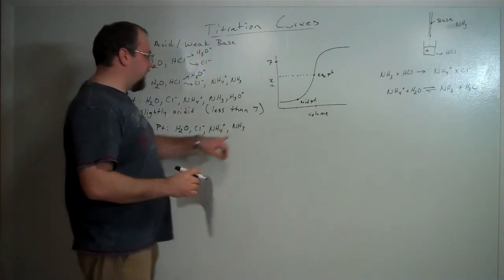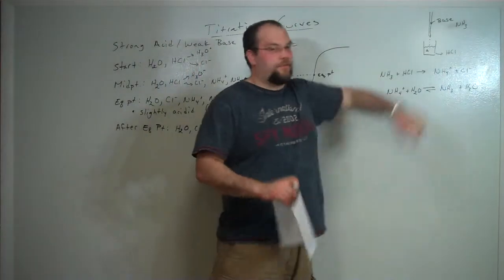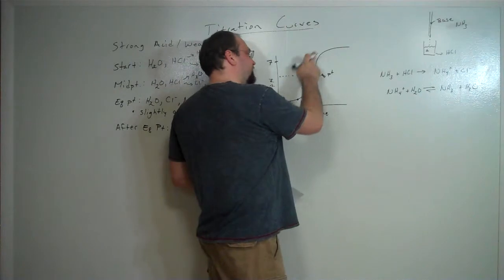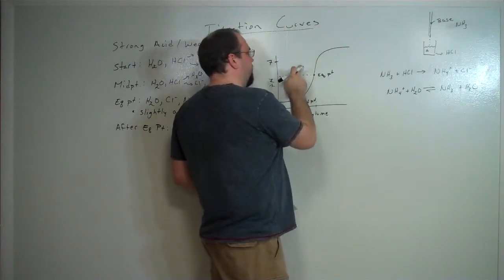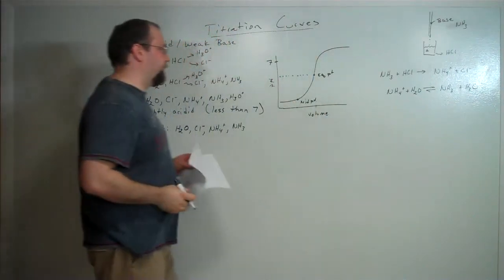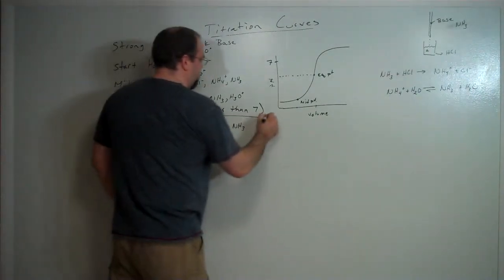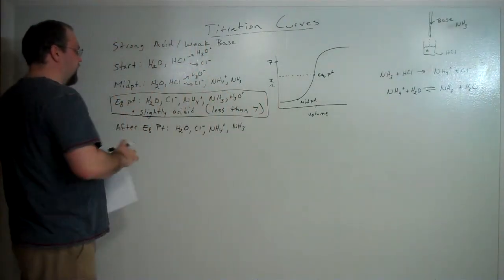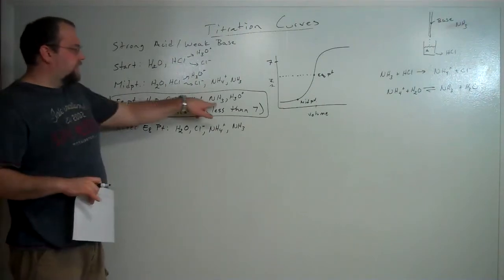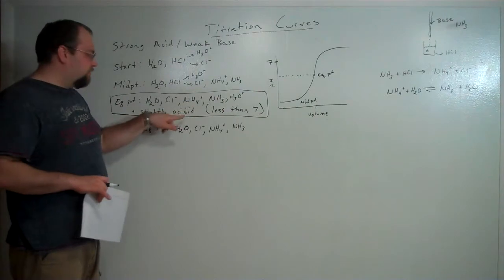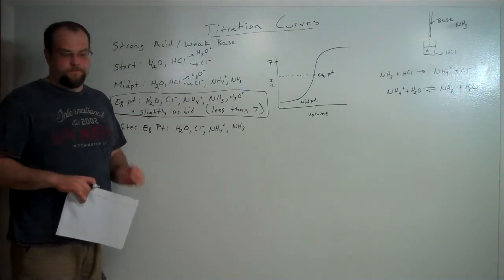And I have more NH3 because remember I'm adding a base, so it's dripping in there, and the basicness shoots up. My pH shoots up. The important takeaway here is that at my equivalence point, because I have a conjugate acid present, my solution will be slightly acidic.